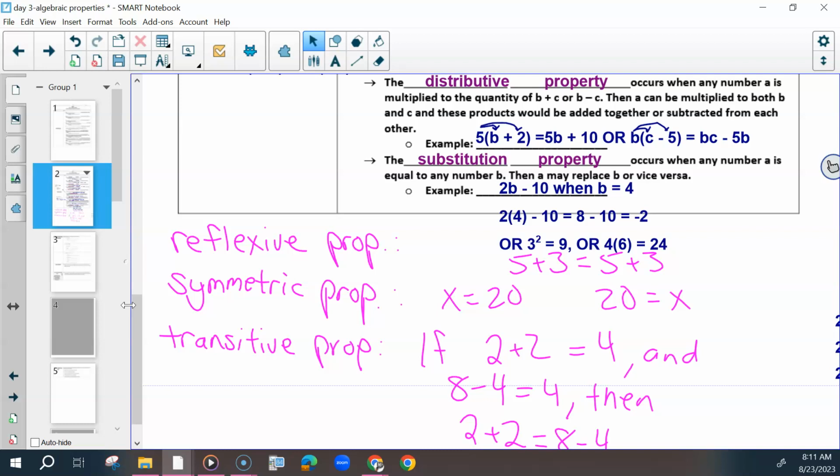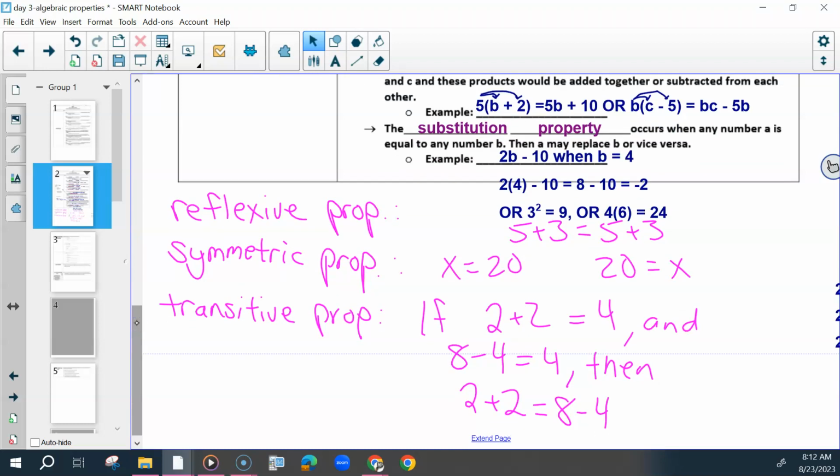Transitive property isn't used that often, but it's up here. The symmetric, I don't remember the formal definition, but think about it like the order doesn't matter. If you put it one way, x equals 20, or the other, 20 equals x, it still means the same thing.